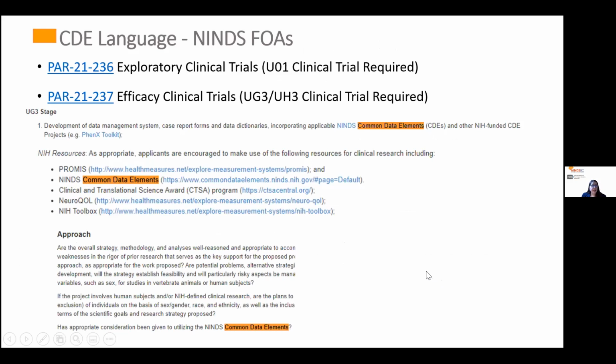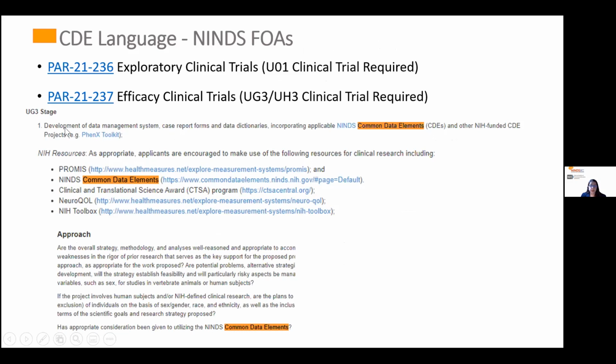So this is an example of some language, and that's why I encourage you, again, that has nothing to do with CDEs, to make sure that you're responding appropriately to your funding announcement. So go with a magnifier and read every single part and make sure that, if they mention CDEs, and this is an example of NINDS announcements mentioning the use of CDEs.